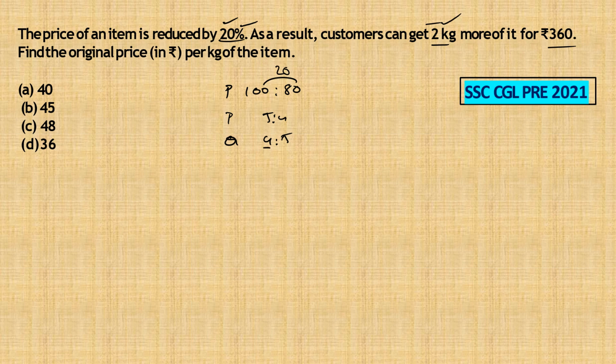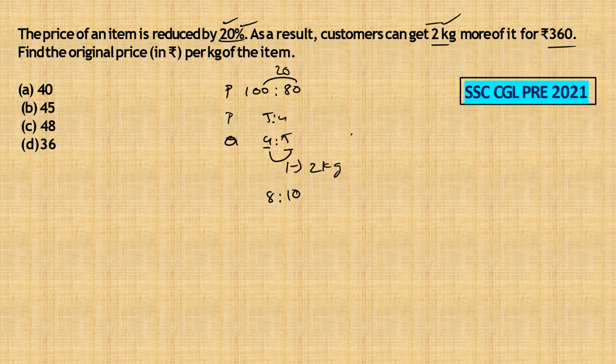Before they were getting 4 units, now they are getting 5 units. 1 unit, that is 1 ratio, denotes 2 kg. Total quantity before they were getting is 8 kgs. Now they are getting 10 kgs.